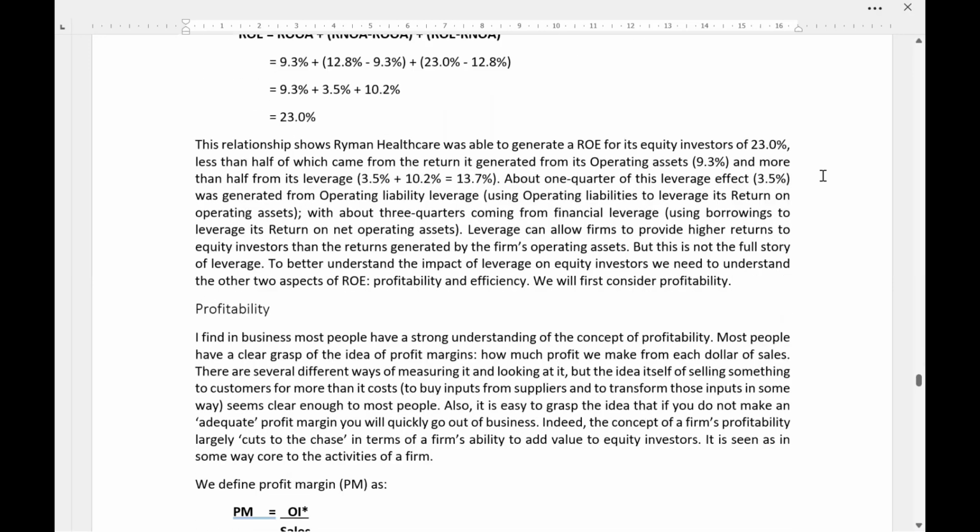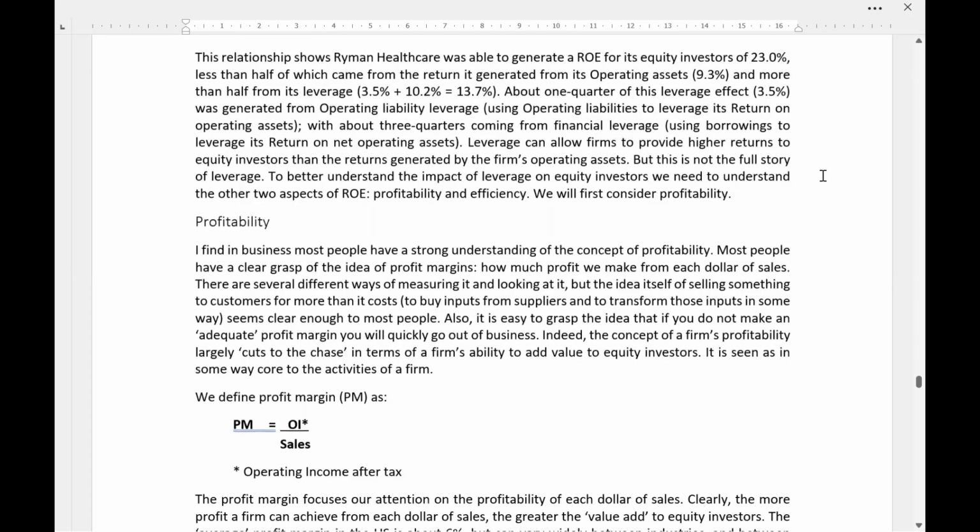This relationship shows Ryman Healthcare was able to generate a return on equity for its equity investors of 23.0%, less than half of which came from the return it generated from its operating assets, 9.3%, and more than half from its leverage, 3.5% plus 10.2% equals 13.7%.